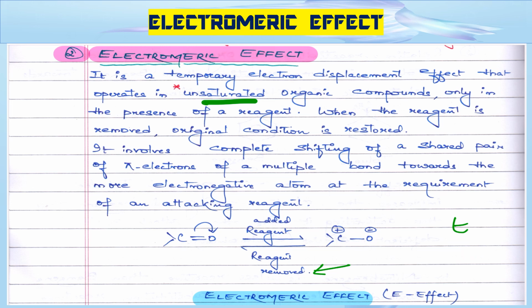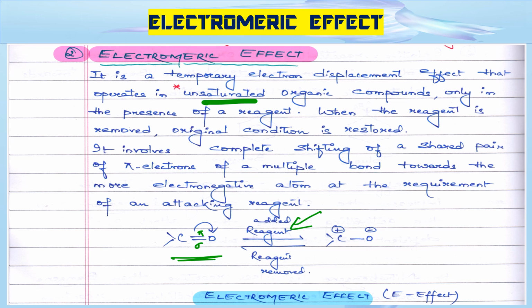Say for example, here in front of you on screen is a carbonyl compound, C double bond O. When you add the reagent for the reaction to take place, there is shifting of the pi electron. One of these bonds is a sigma bond, another is a pi bond. There will be no effect on the sigma electron because electromeric effect deals only with the shifting of the pi electron.